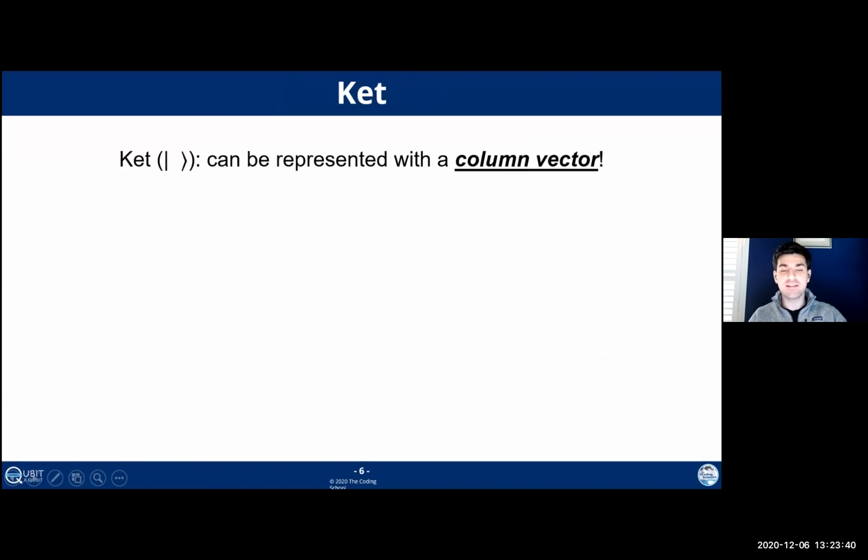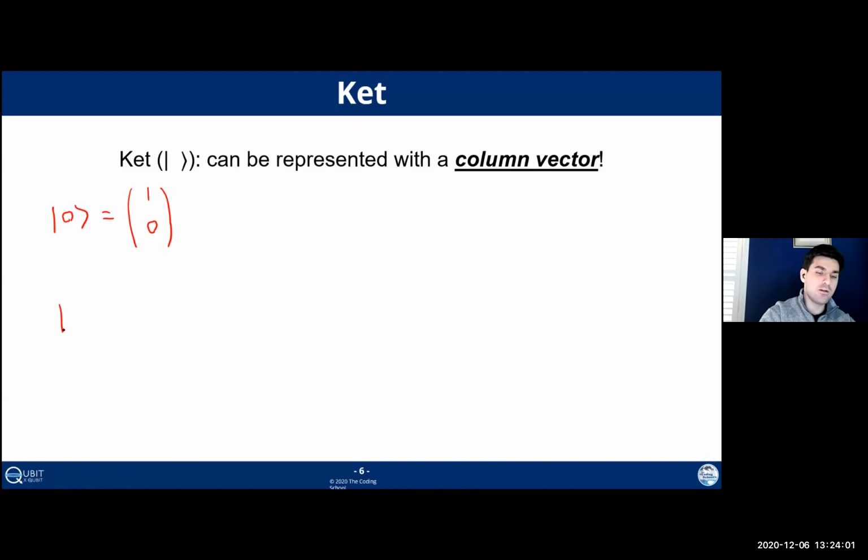A ket can be represented as a column vector. Let's start with 0 and 1, the two building blocks of a quantum bit. Ket 0, I can write as a column vector with 2 entries. The top one is a 1, and the bottom one is a 0.